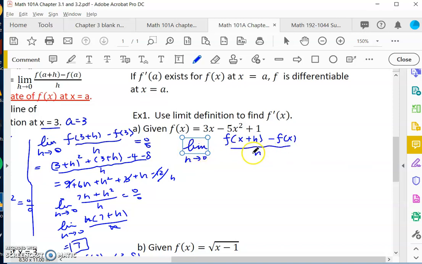If you calculate the limit, you will have a new function. If you plug in by substitution, it will be 0 over 0, so you need to do algebra.